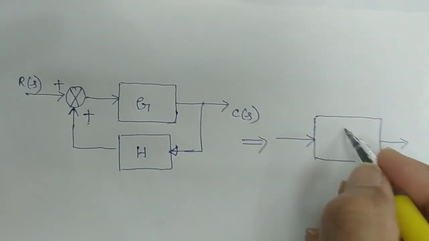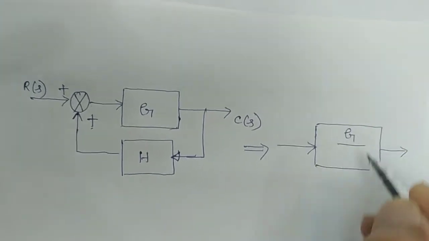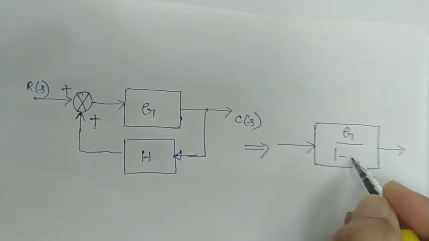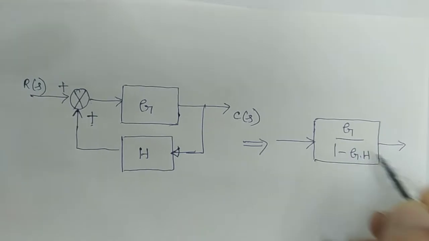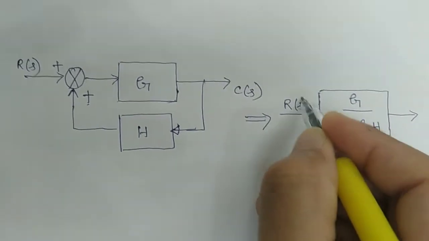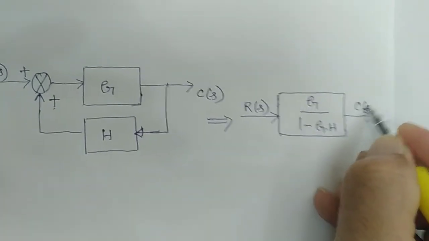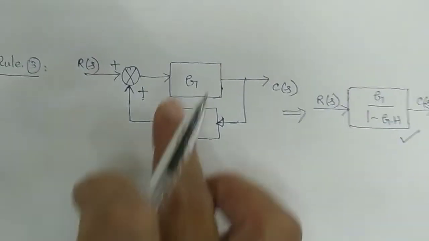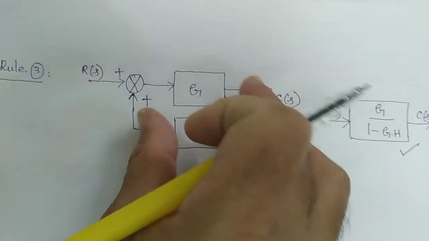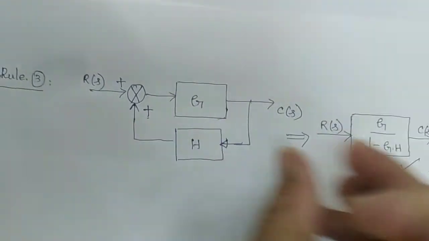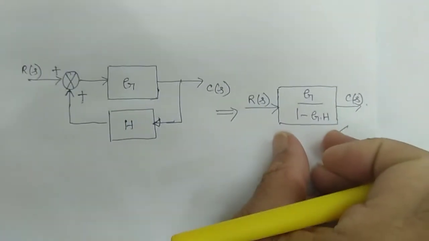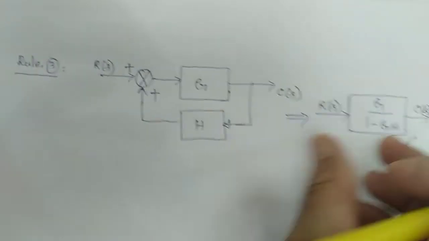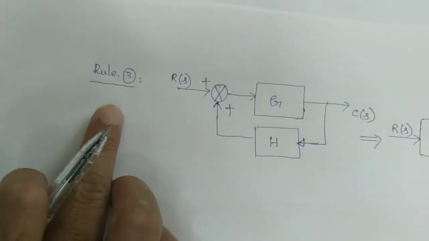Then what is your answer? G by 1 minus G into H. This is your R of S and this is your C of S. This is the rule. You have to minimize, or reduce, this. This is reduction or simplification. So this is rule number 3.